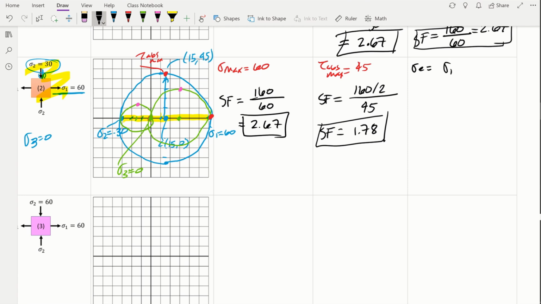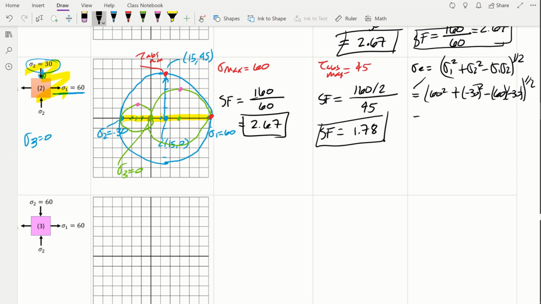Remember, this equation is the square root of sigma 1 squared plus sigma 2 squared minus sigma 1 times sigma 2. So the values are sigma 1 squared is 60, plus negative 30 squared, minus 60 times minus 30, square root of the whole thing.